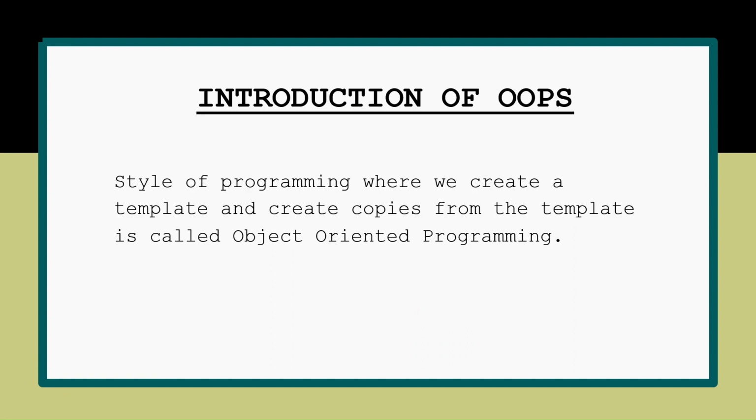The style of programming where we create a template and create copies from the template is called object-oriented programming. Now let us understand it with an example. Suppose there is a template called mobile which has two characteristics, one brand, another is price.